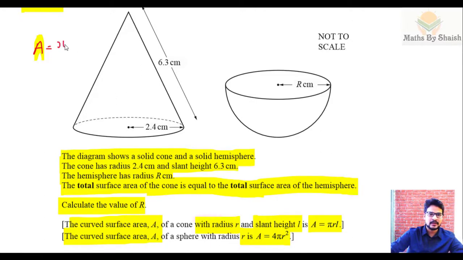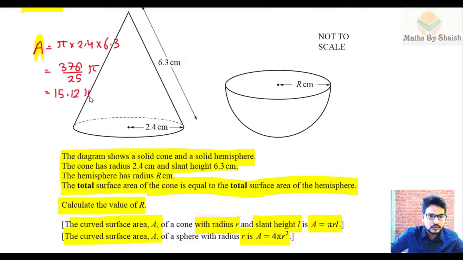R is 2.4, l is 6.3. So we'll calculate 2.4 into 6.3, and we will leave our answer in terms of pi, 378 upon 25 pi, or in decimal it is 15.12 pi.